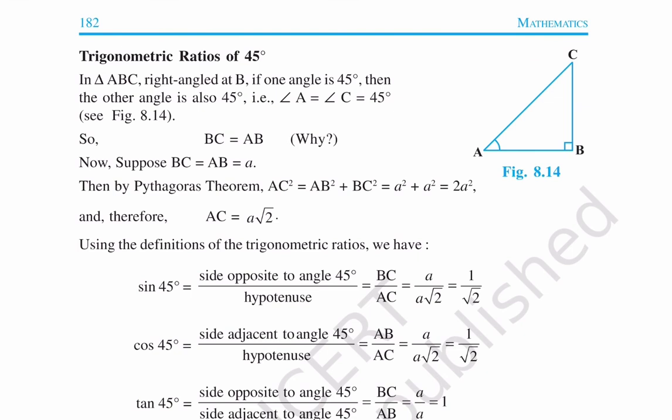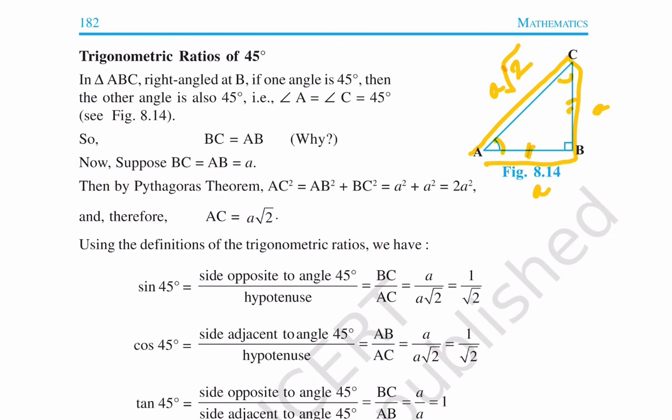So let us suppose this is right angle triangle ABC, and this angle is 45, then the other angle will also be 45. That means these sides will be equal to each other, and suppose this is A, then this will also be A, and the hypotenuse will be equal to A square root 2.